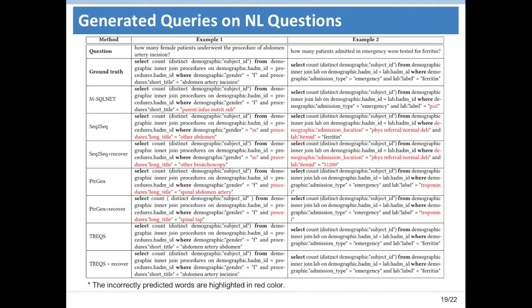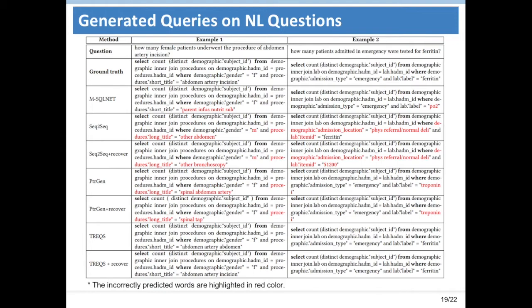But almost all the baseline methods cannot correctly predict the condition columns and condition values. For example 1, MCQNet provides a wrong procedure short title due to its misclassification error, while sequence-to-sequence and pointer generator generate a partially correct procedure short title, but they do not have the ability to correctly predict the condition column.